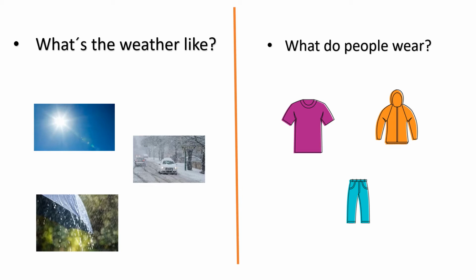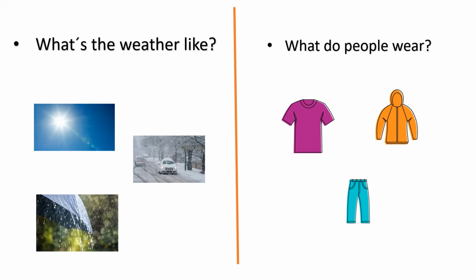So you have to practice two questions. Number one, what's the weather like? And you can say, it's summer, it's sunny, it's hot, it's winter, it's snowy, it's cold, or it's rainy.